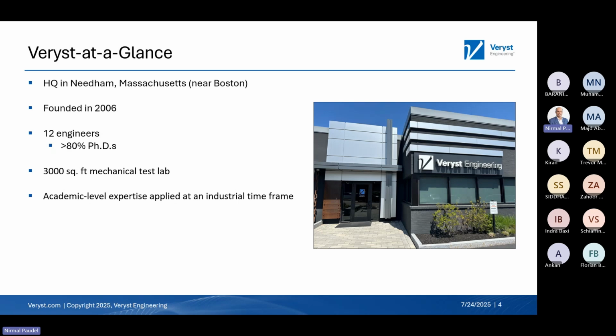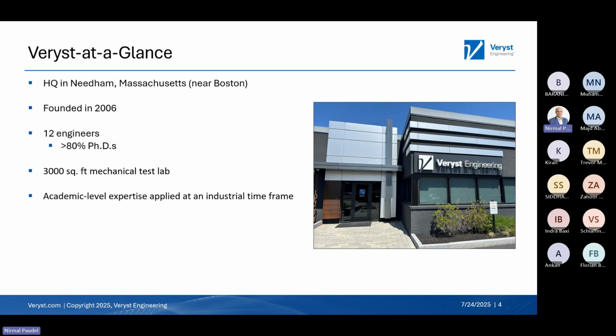Usually a customer comes to us when there is a multidisciplinary type of research or product development, and multiple team members jump into the project to make that happen. Our core strength is the ability to deliver academic level engineering rigor, but at the speed of industrial demand.